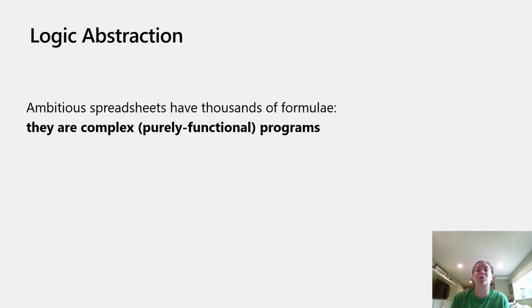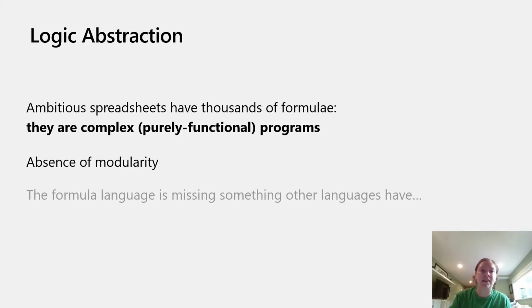An ambitious spreadsheet will have thousands of formulas all over it, and that gets super complex. It effectively makes the spreadsheet a functional program that can do all sorts of things. But right now, spreadsheets don't really have much in the way of modularity. It's hard to take a small chunk of a spreadsheet and treat it like it's some sort of reusable nugget.